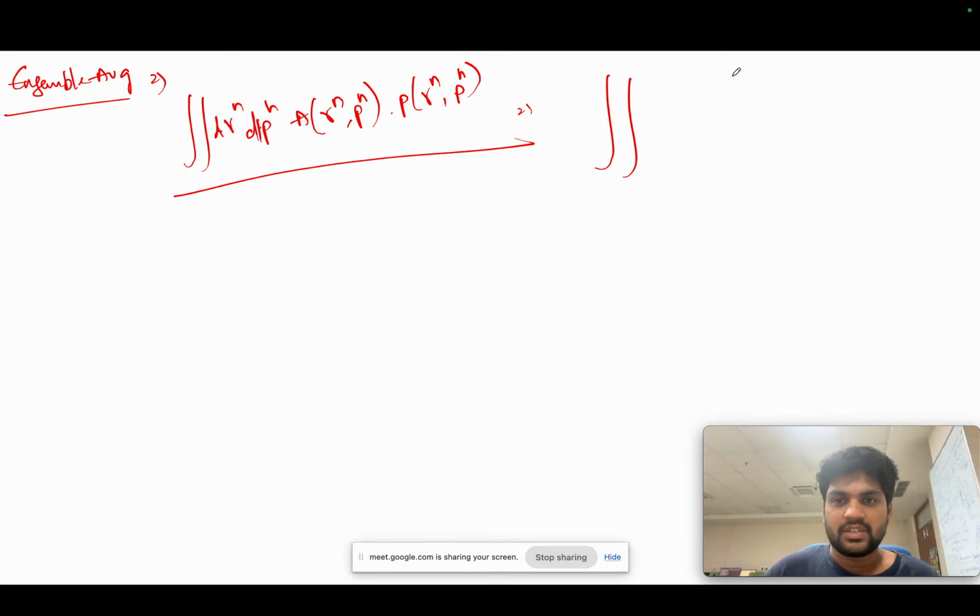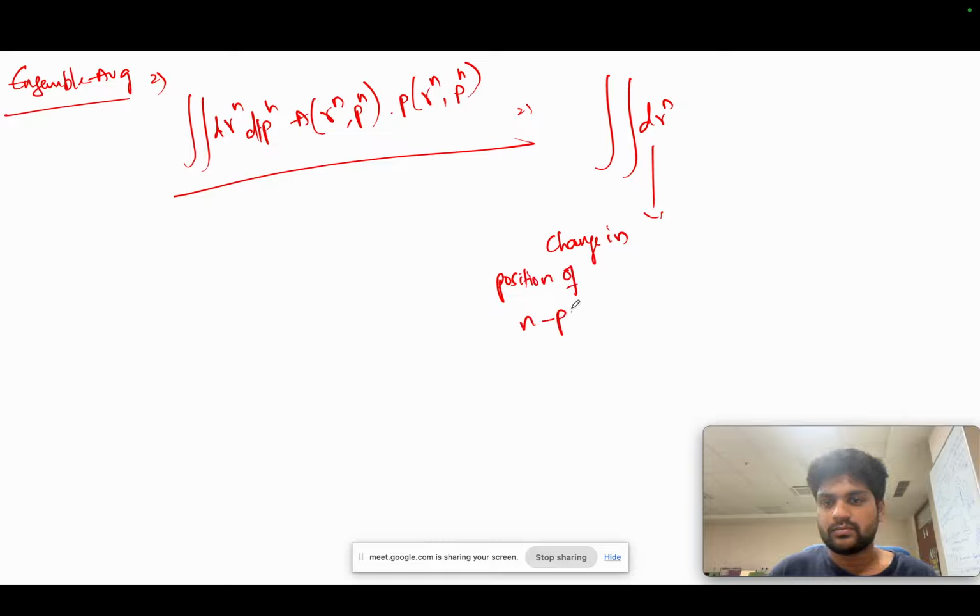We are writing two integrations because we have two terms: change in the positions of n particles, and change in momentum of n particles.